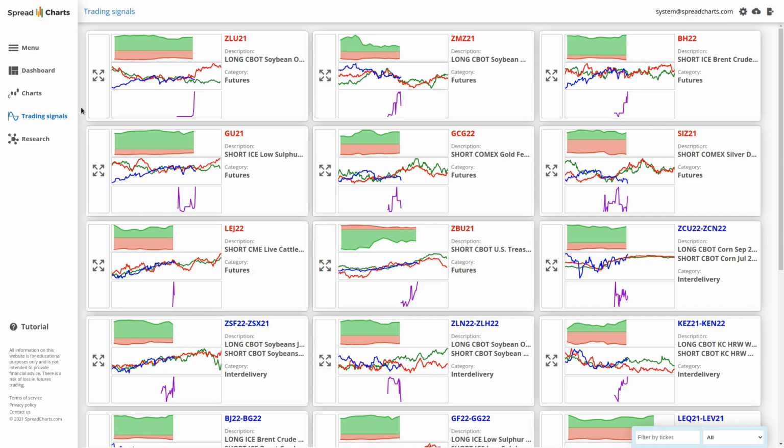Luckily, that's what our model does, and it saves you a lot of time that you can commit to detailed analysis of the selected opportunities you truly like, those that fit your trading style. Another advantage is that the model, the artificial intelligence that generates the signals, is unbiased.